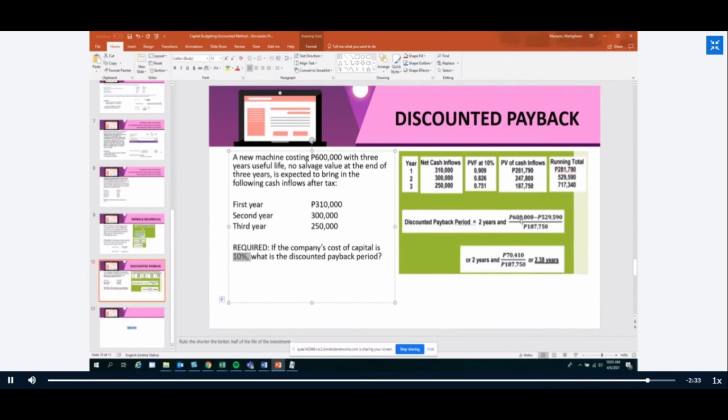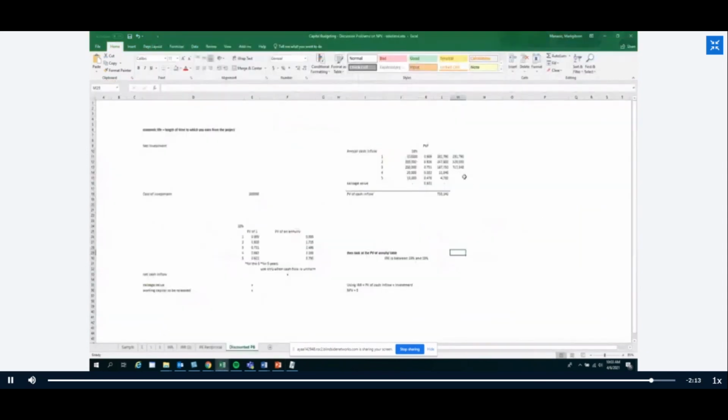Kung hindi pa na gets kung paano na-arrive dito, ito lang naman yung prorated, no? Kasi pagdating ng year 3, hindi na kailangan yung buong 187,000 to complete the 600,000. Sige, illustrate natin para mas madaling intindihin. So pagdating ng year 3, magkano lang ang kulang natin to recover, 'di ba? 600,000 yung total investment.